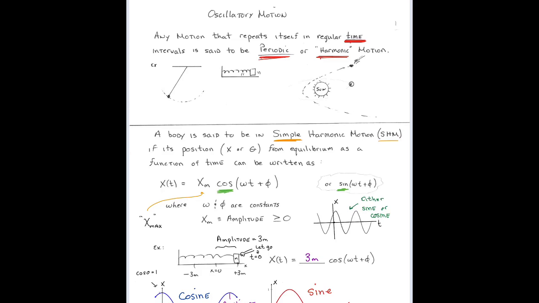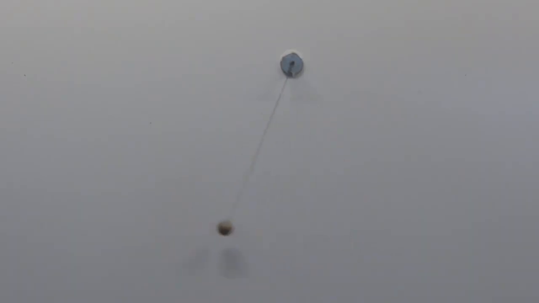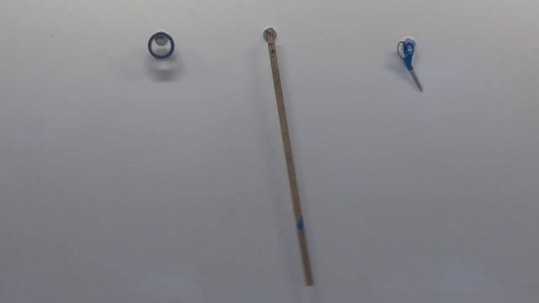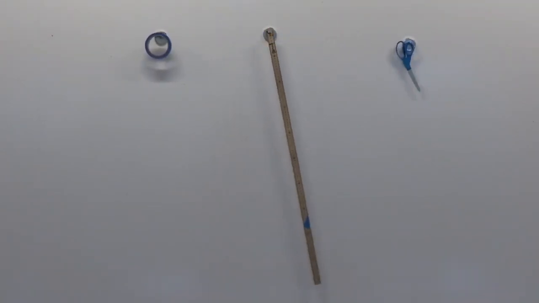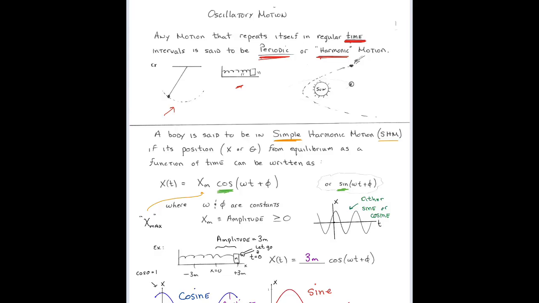So here's a couple examples of things that are oscillating, or repeating their motion in regular time intervals. Here you have a pendulum. Here's a mass on a spring. What is this thingy? That's a comet.